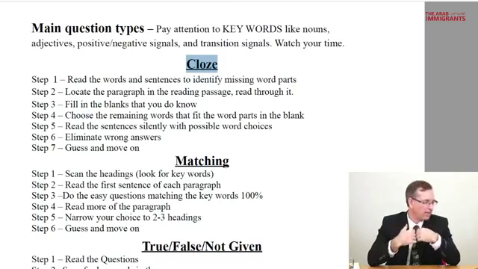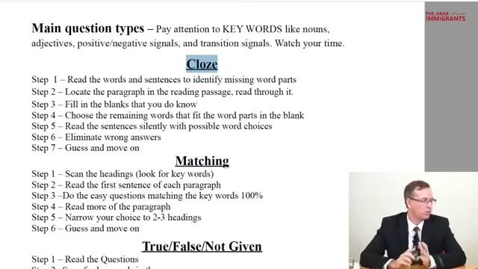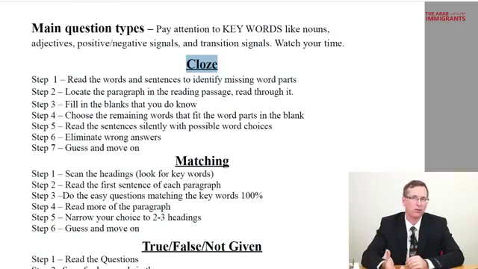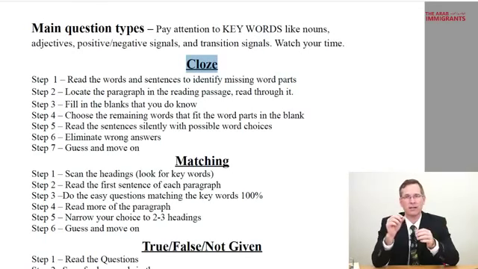So what I encourage is looking at steps 3, 4, 5 in the middle so that we start to get more answers correct. So read the words and the sentences, identify what's missing. This requires a little bit of grammar. You need to be looking, is there a noun, is it a verb, is it an article, or 'the' before a word?